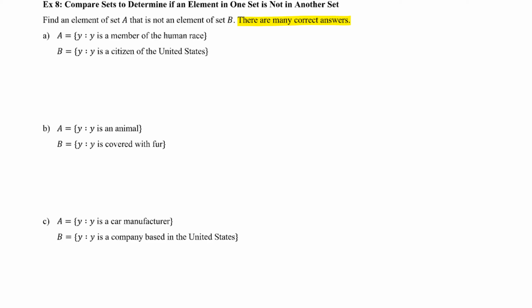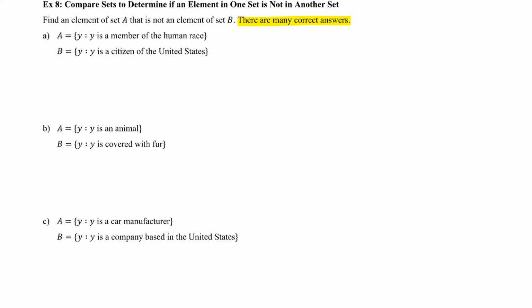So with our first example, set A is the set of Y such that Y is a member of the human race. B is the set of Y such that Y is a citizen of the United States. So if we're trying to find something that's in the first group but not in the second group, then we're trying to think of an individual who is a human but is not a citizen of the United States.